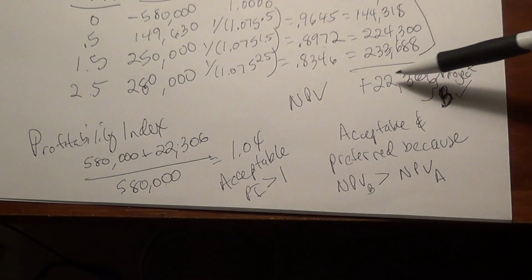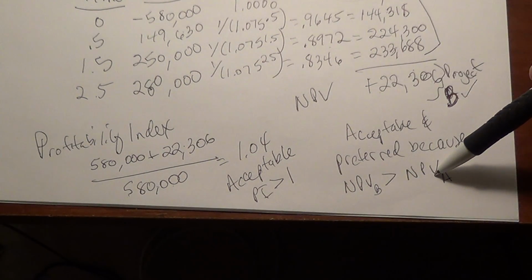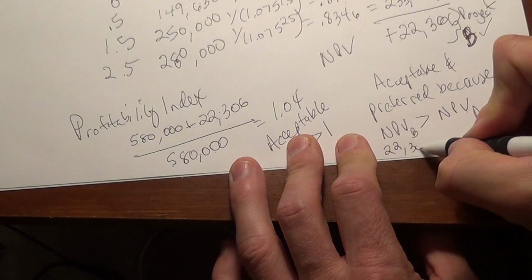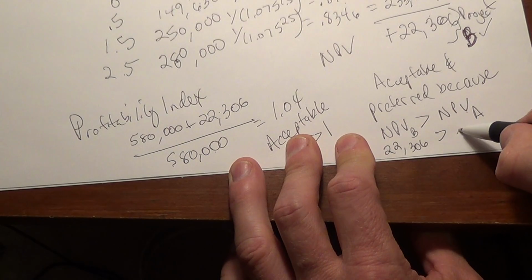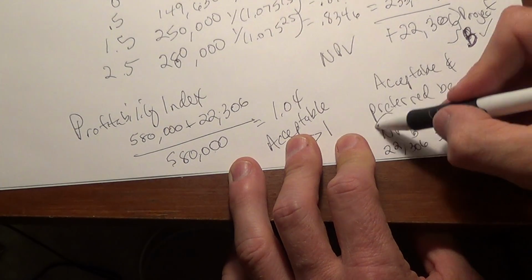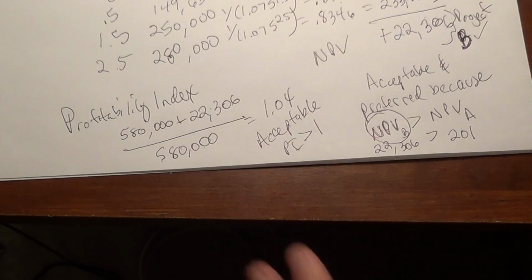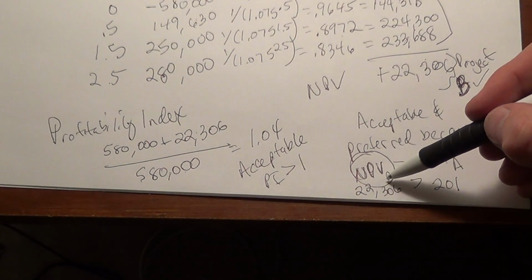So Project B's net present value is 22,306. Project A's net present value was 201. So because 22,306 is greater than $201, we select Project B. So both projects are acceptable, but we select Project B because it has the higher net present value.